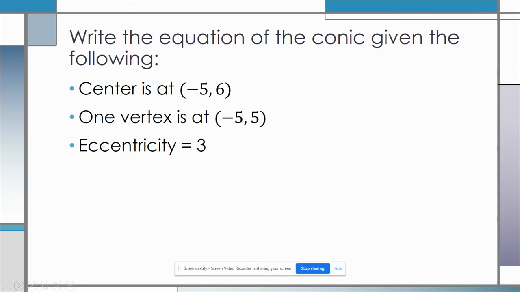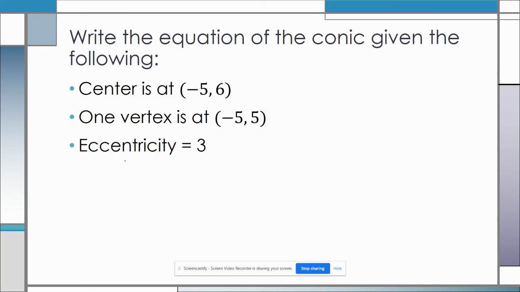So here I want us to write an equation of a conic given the following. We have a center at negative 5, 6. One vertex is at negative 5, 5, and the eccentricity is 3. So nowhere in this problem am I telling you what type of conic it is. So that's why looking at the information, it's going to be important for us to identify what we have.